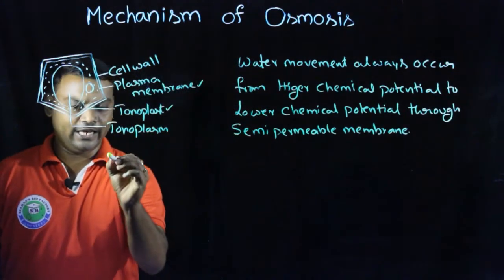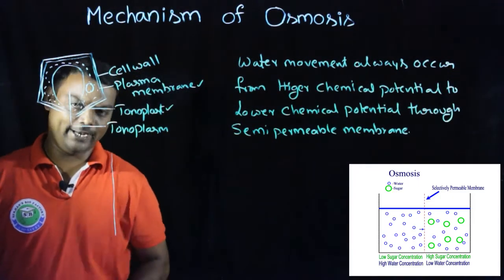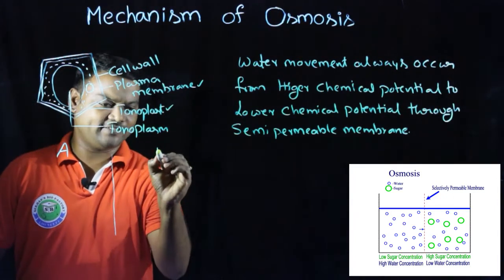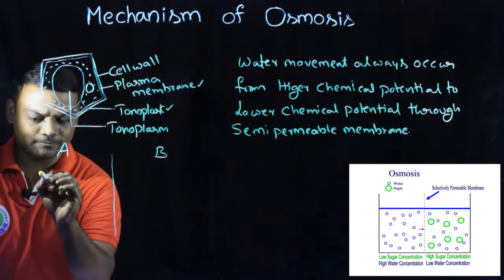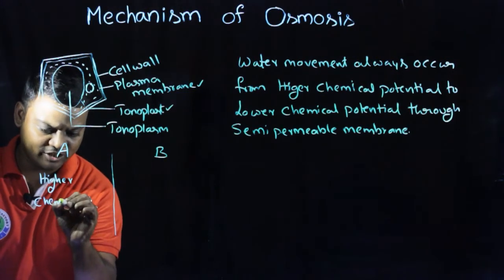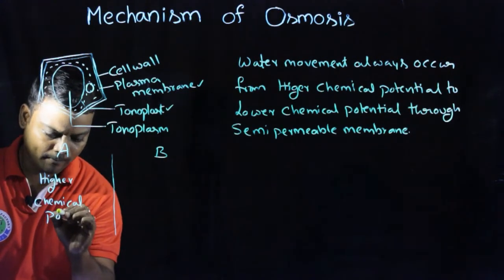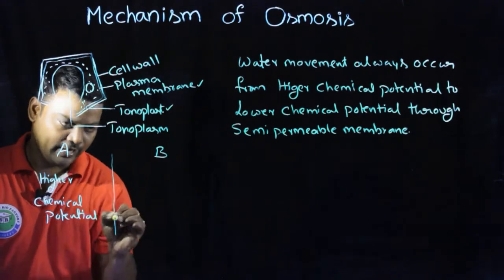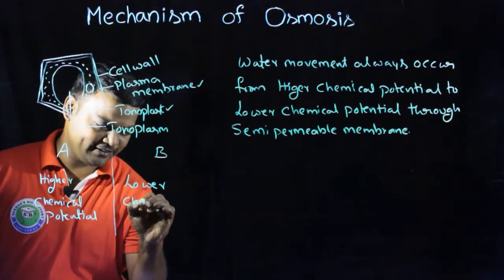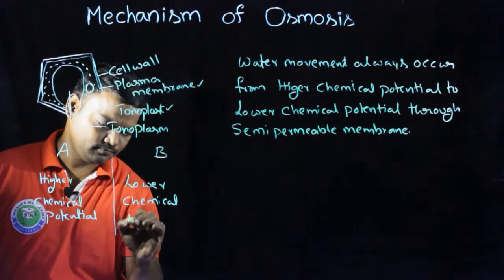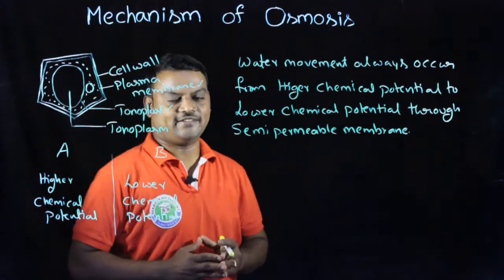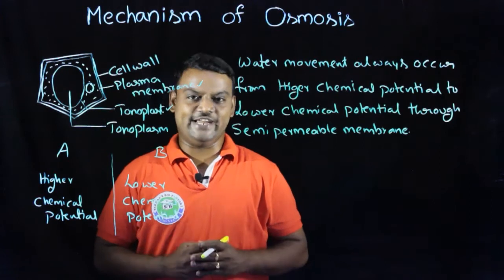For example, there is a semi-permeable membrane with one side called A and the other B. If A has higher chemical potential and B has lower chemical potential, at this time it creates a concentration gradient.